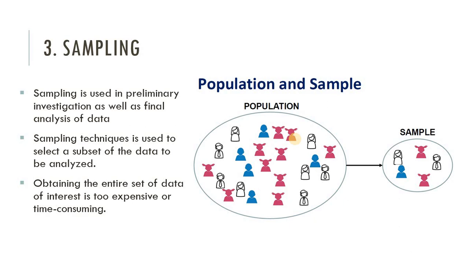So we choose samples to create a small data set that contains each and every attribute of the large data set, so that our analysis is not affected and can be done in less time. That is why sampling is used.